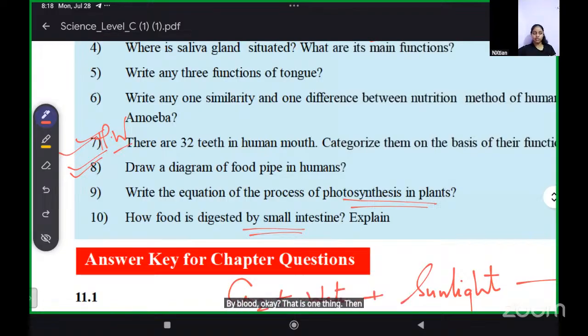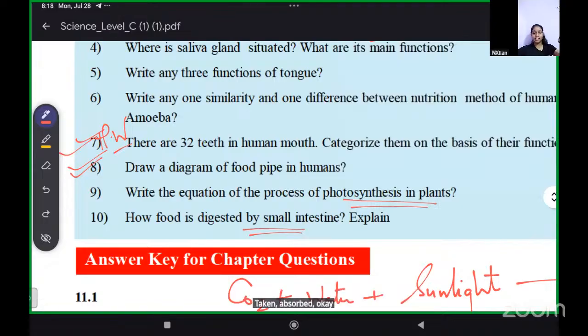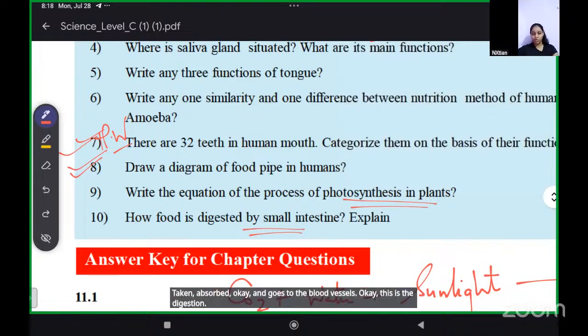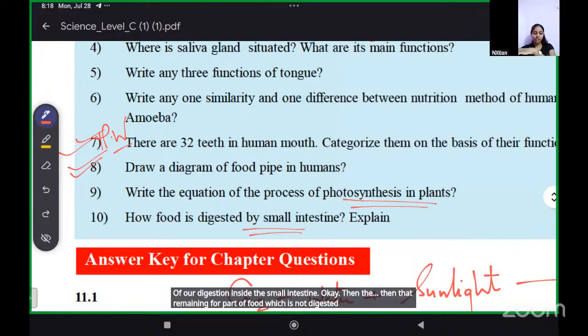Then, how digestion takes place in small intestine. Finger-like structures are present through which the food is taken, absorbed, and goes to the blood vessels. Okay, this is the digestion inside the small intestine. Then the remaining part of food which is not digested goes to the large intestine.